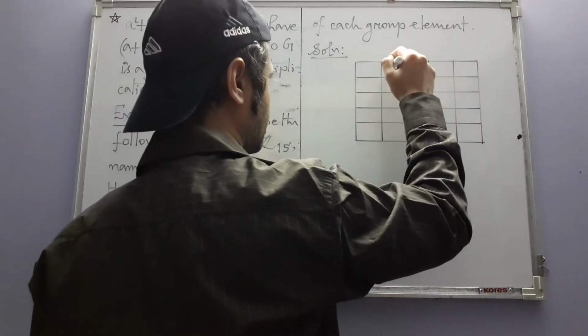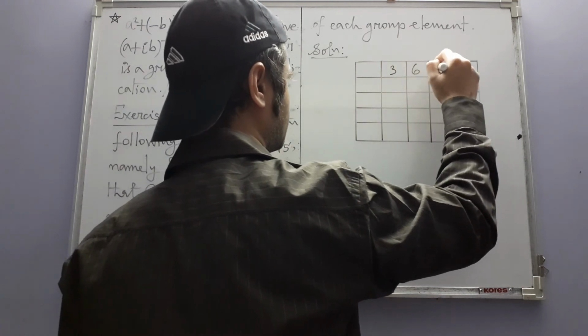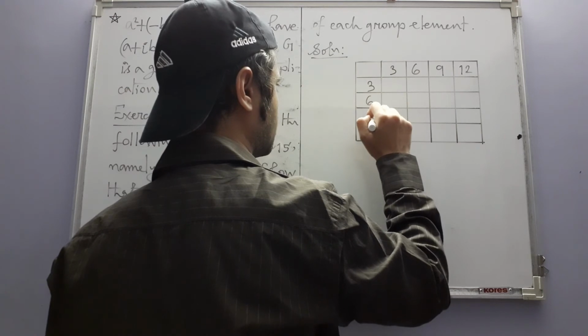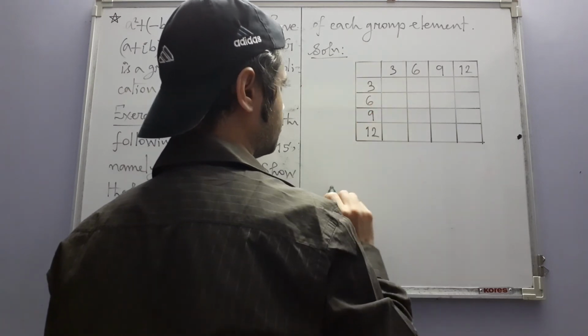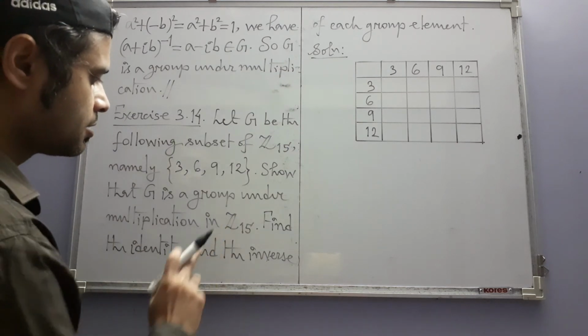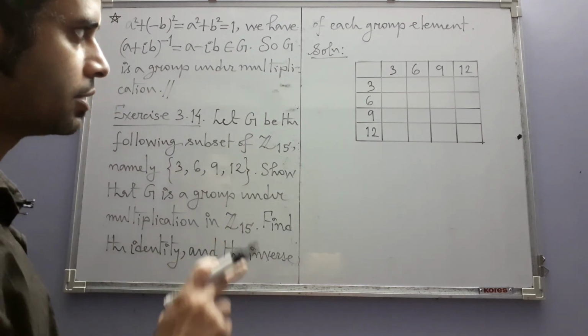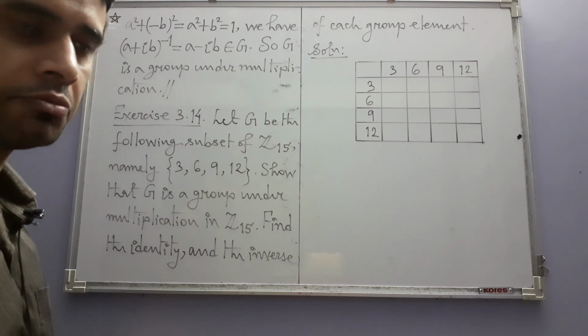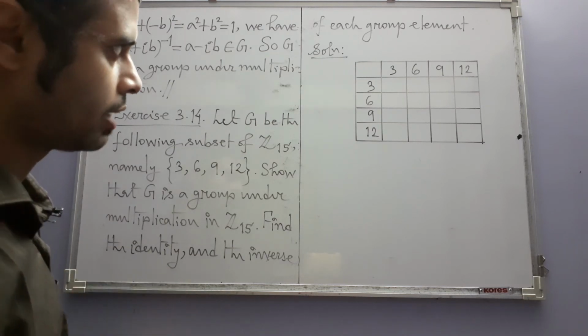3, 6, 9, 12, 3, 6, 9, 12. So you have to keep in mind that the binary operation is multiplication modulo 15. So you have to first multiply and then you divide the product by 15. The remainder will be your answer.